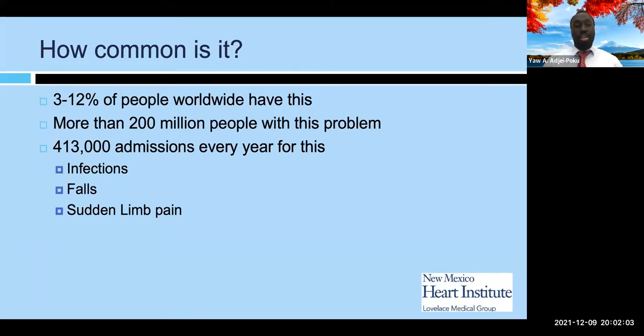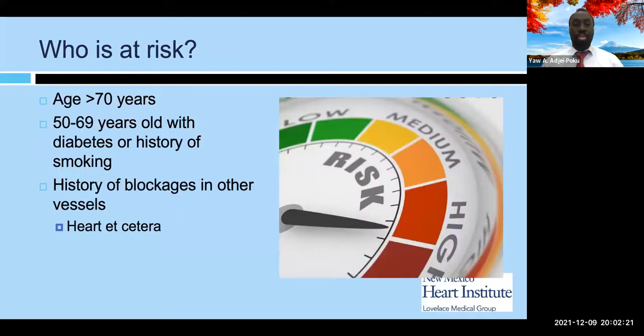These are all conditions that a vascular surgeon may intervene upon and treat patients for. So again, this particular condition is important, if you are having any symptoms of this, to again seek medical care.